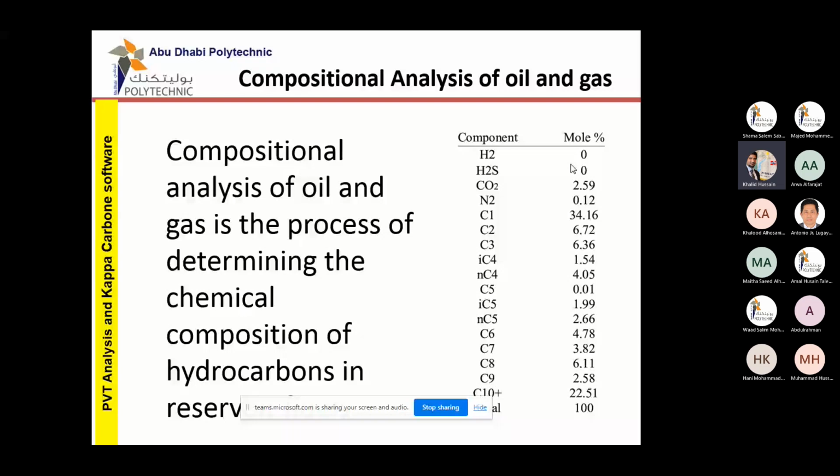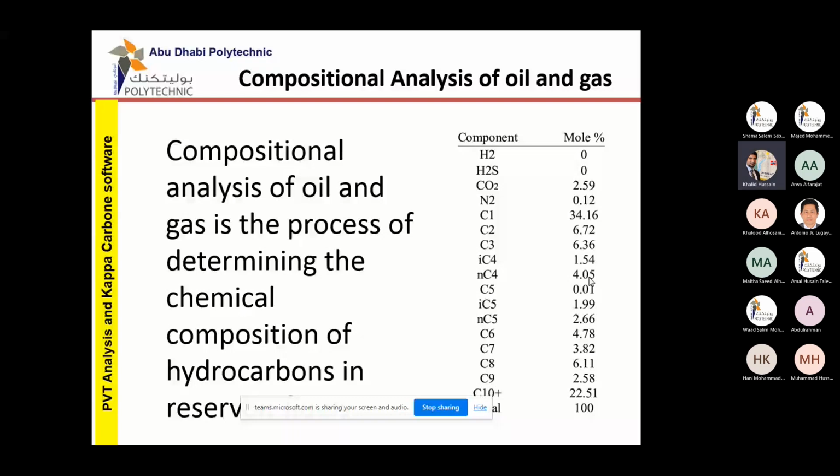There are mathematical equations of state from different scientists and engineers. With the help of their different equations, we can find the properties of the reservoir fluid that we can find in the lab. So they can give us a prediction of these properties of the reservoir fluid.